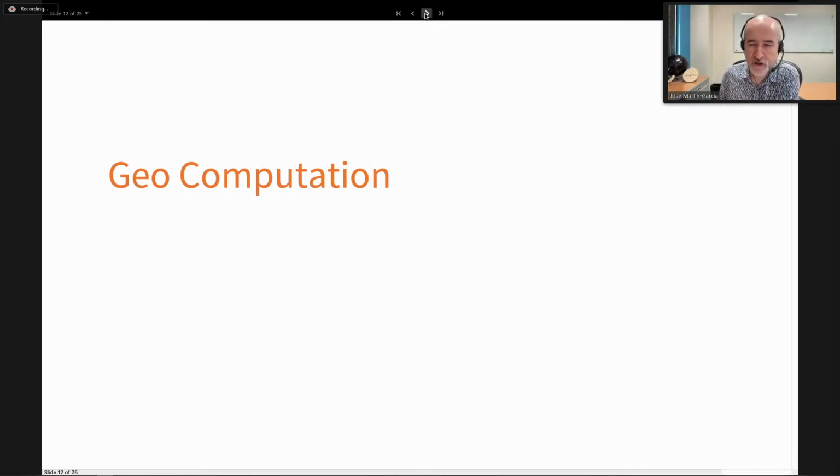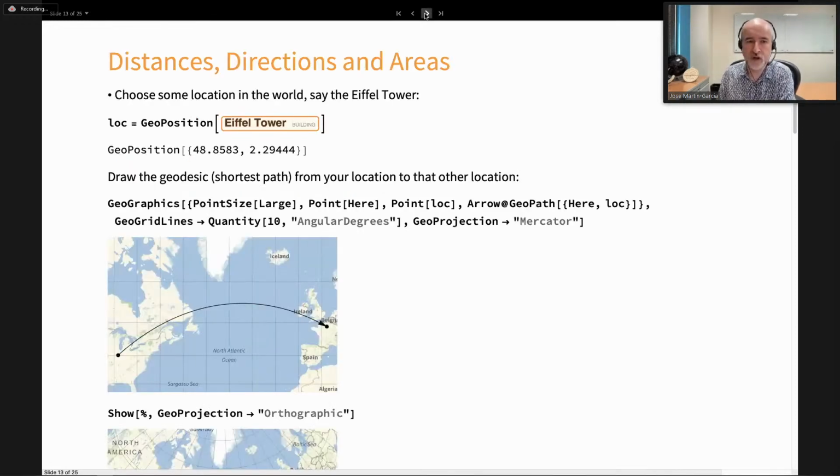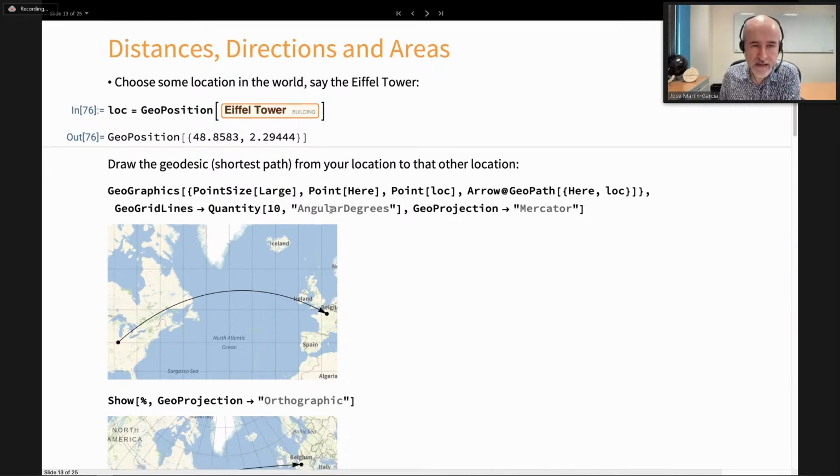Yes, so geocomputation. Let's look at fundamental operations that we always want to do when working in geography, namely computation of distances, angles, and areas. So let's go again back to our location for the Eiffel Tower. Now, for example, imagine that we want to draw what we did before, a geopath, a geodesic, from here to the Eiffel Tower.